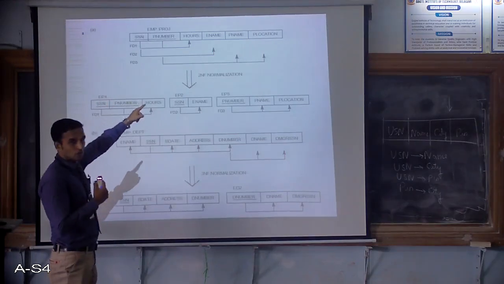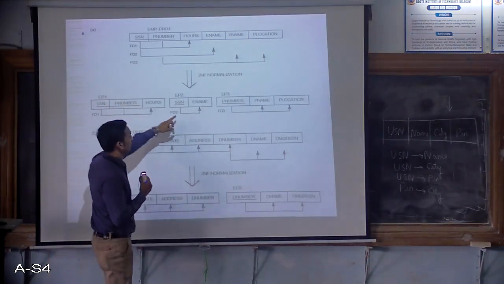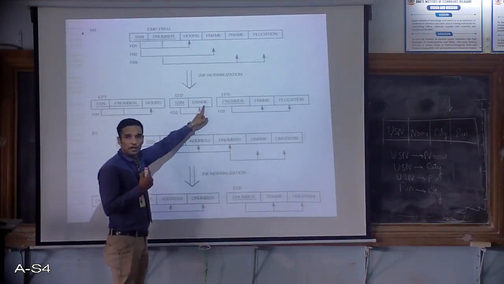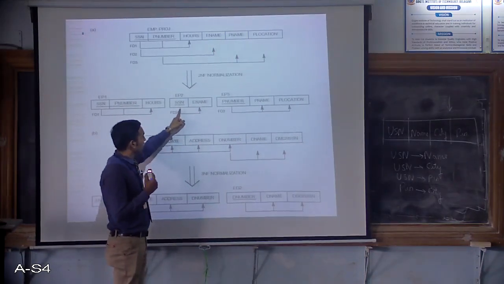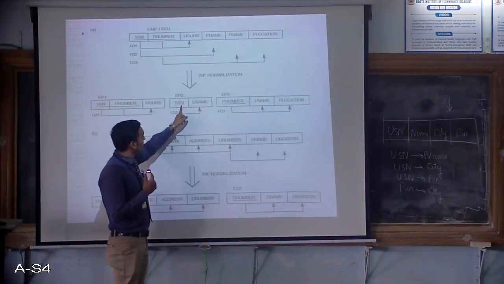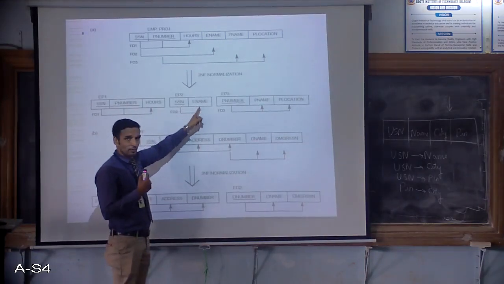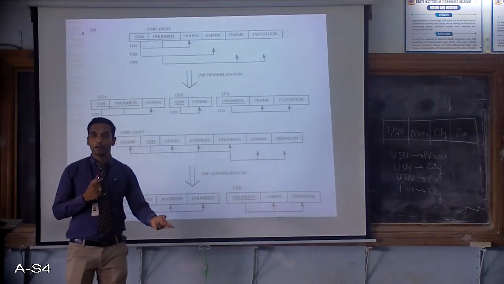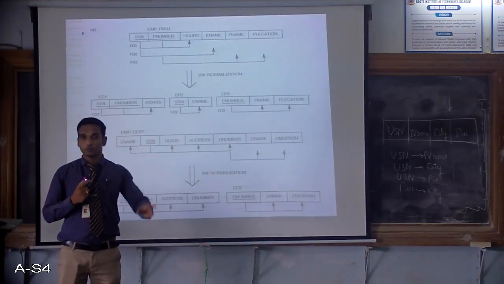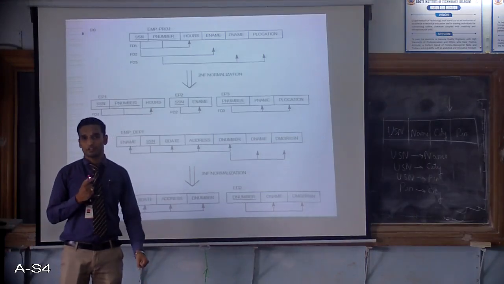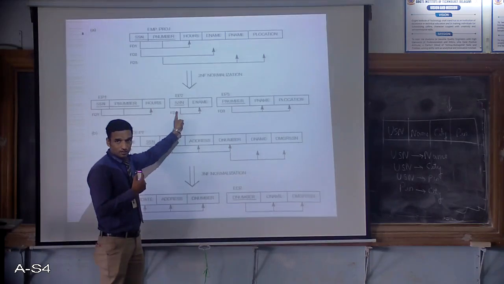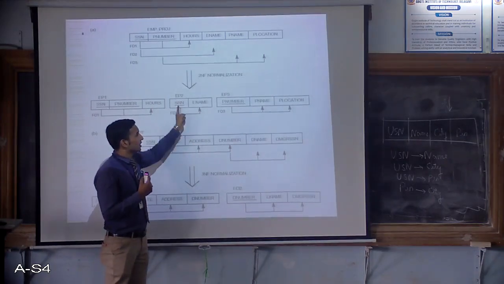Look at the arrow notation I have shown here, which means that employee name is dependent on SSN. If I know the SSN, I can tell the name, but the vice versa is not correct. If I know the employee name, I can't tell his SSN, because there can be more than one employee with the same name, but there will be only one person with a given SSN. So this is called a functional dependency.